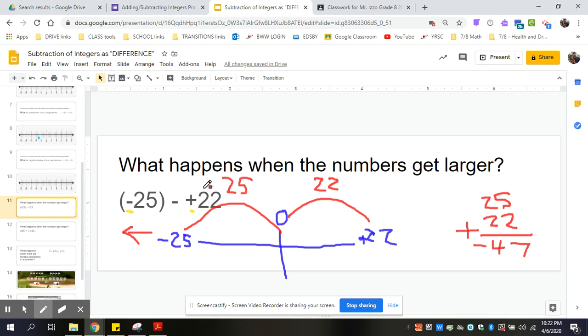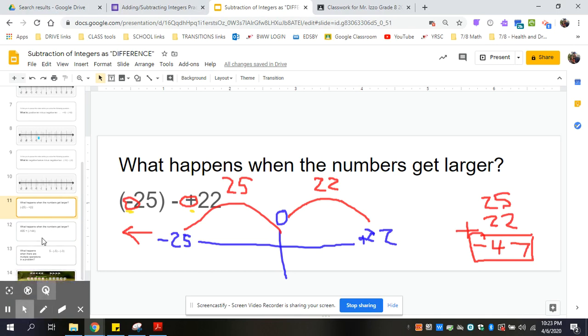So you'll notice that when I'm looking at the difference, I'm finding that gap. I calculate the gap to be 47, but I still need to do that mental check at the end. I need to pay attention to the signs, and then I need to determine, is this number getting larger or is it actually getting smaller? In this case, it was actually getting smaller. It was getting lower. It was getting colder because I was subtracting a positive.